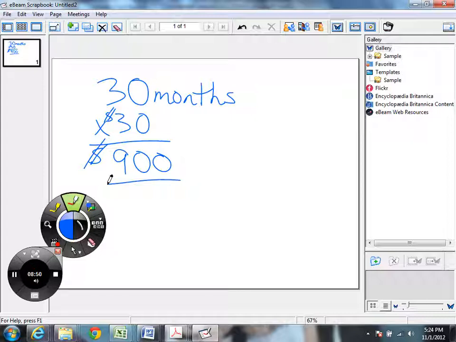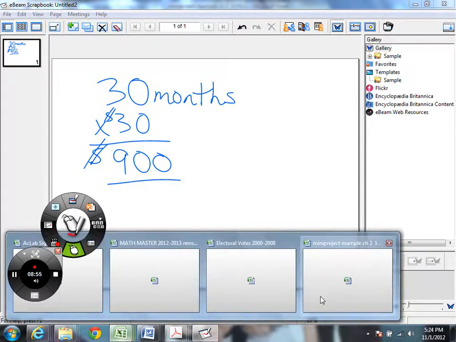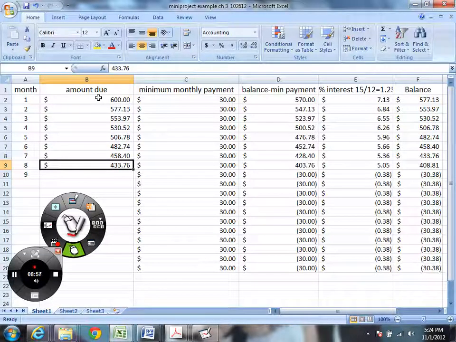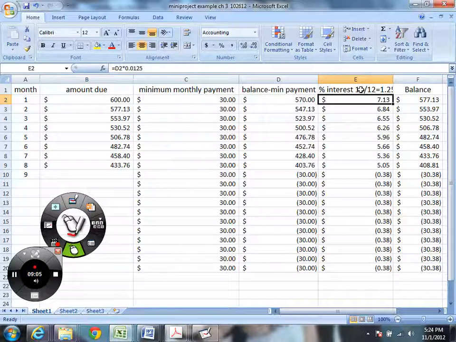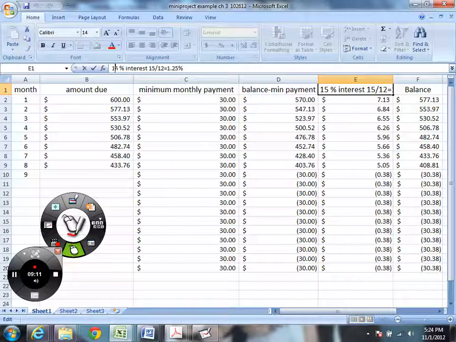All right, so that's one spreadsheet. Now then you would make another spreadsheet. You just start a brand new spreadsheet. And then this time when you do it, do the exact same thing, so no change, except for the interest rate. So then right here for the interest rate, instead of it being 15%, do 5%.